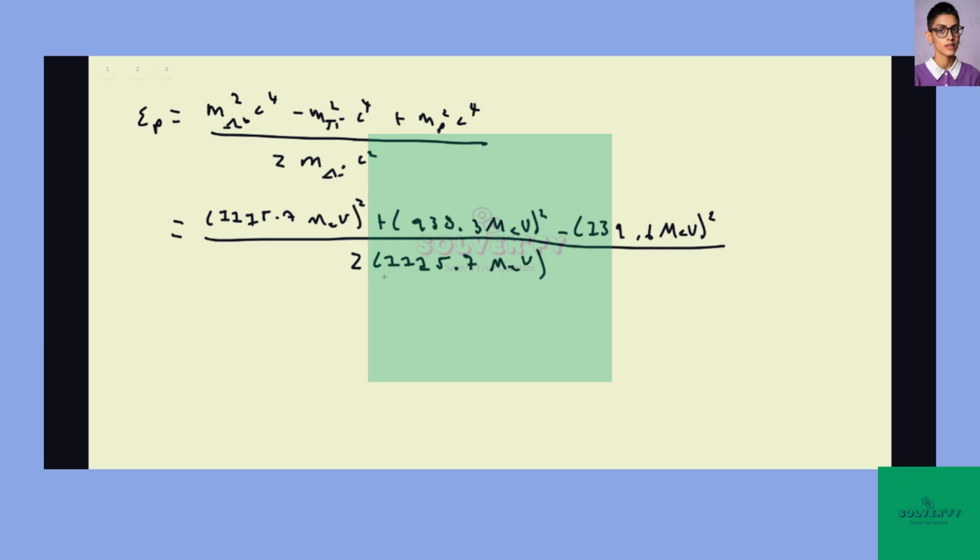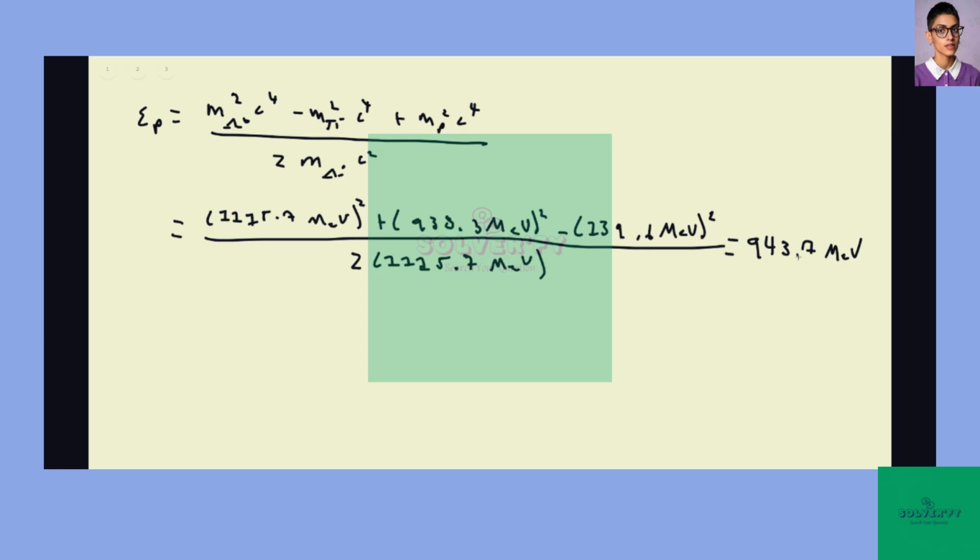Gives a value for the total energy of the proton of 943.7 MeV. So that's the total energy of the proton.